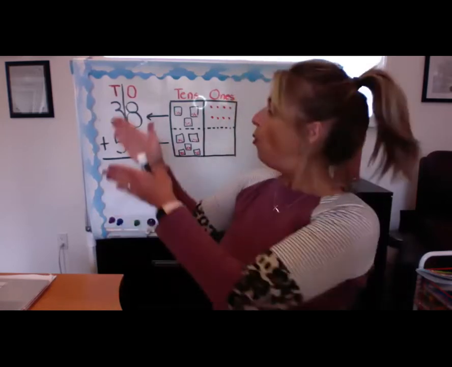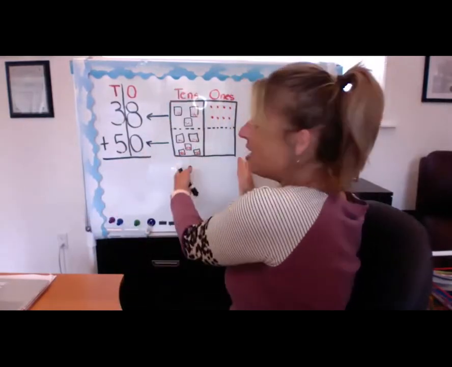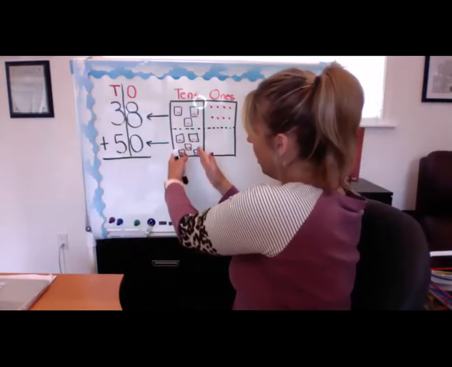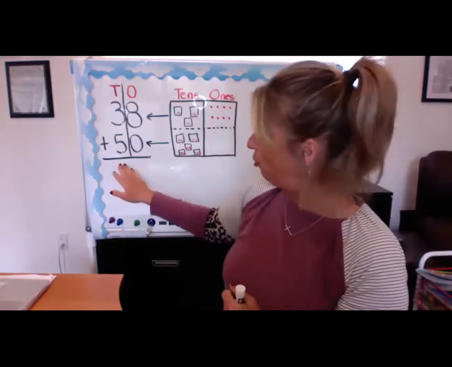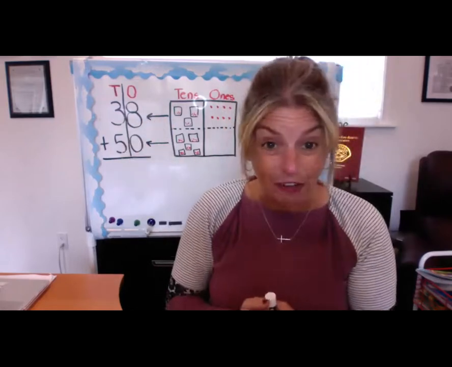So first, we're going to add our numbers here, and then we could check by making sure our picture matches our answer when we add all the tens in the picture together and all the ones in the picture together, which should give us this same number here, okay? So what do we add first?